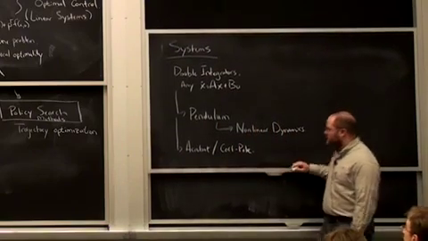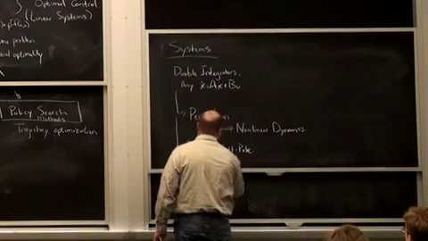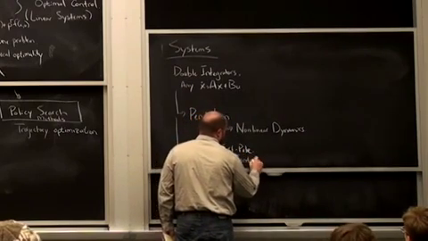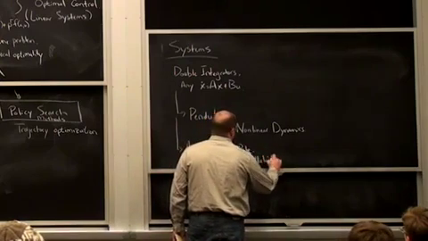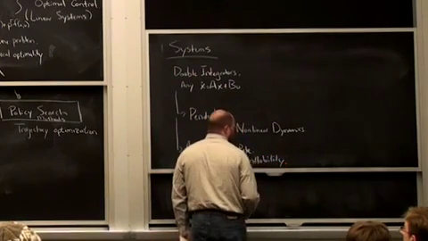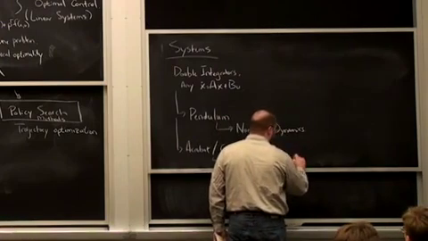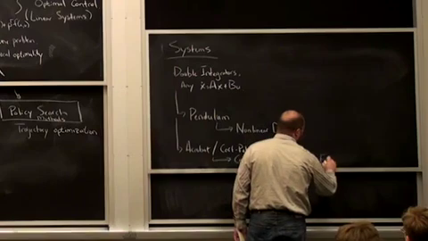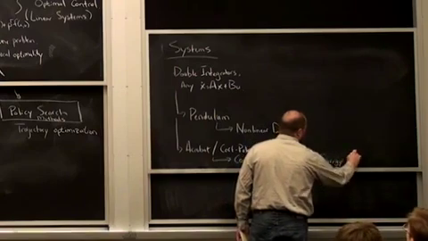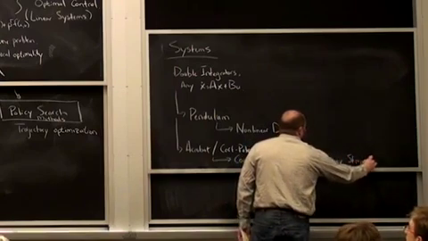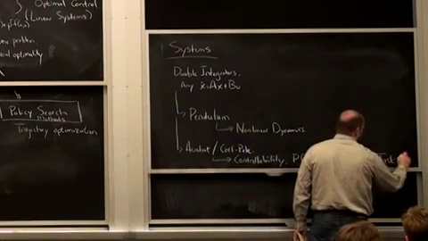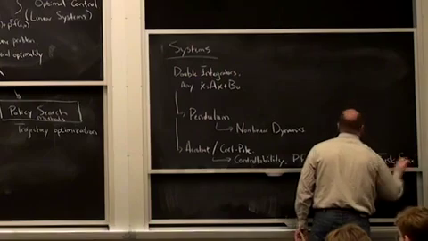And then we did acrobots and cart-poles, where we talked about a lot of interesting ideas. We talked about controllability. We talked about partial feedback linearization. And we talked about energy shaping. Even task space, right? Lots of ideas in there.